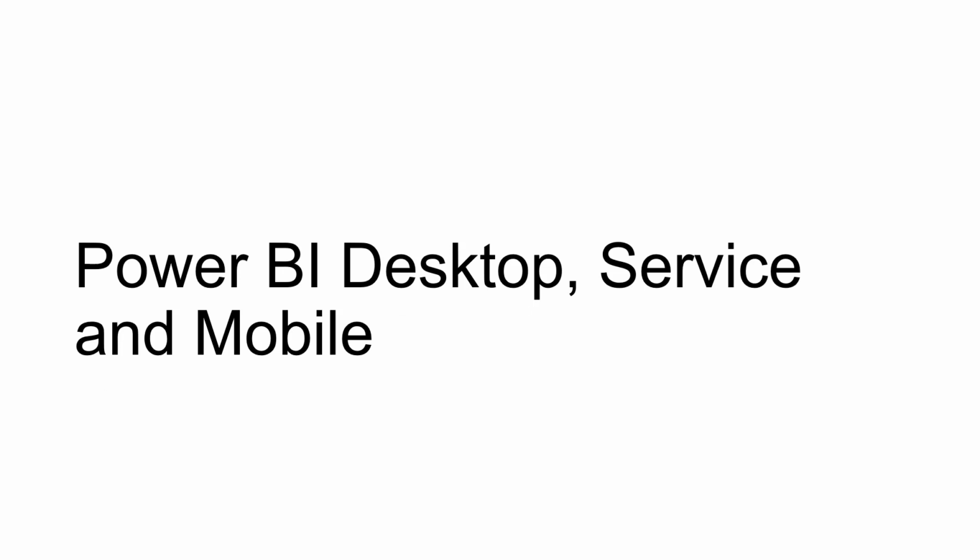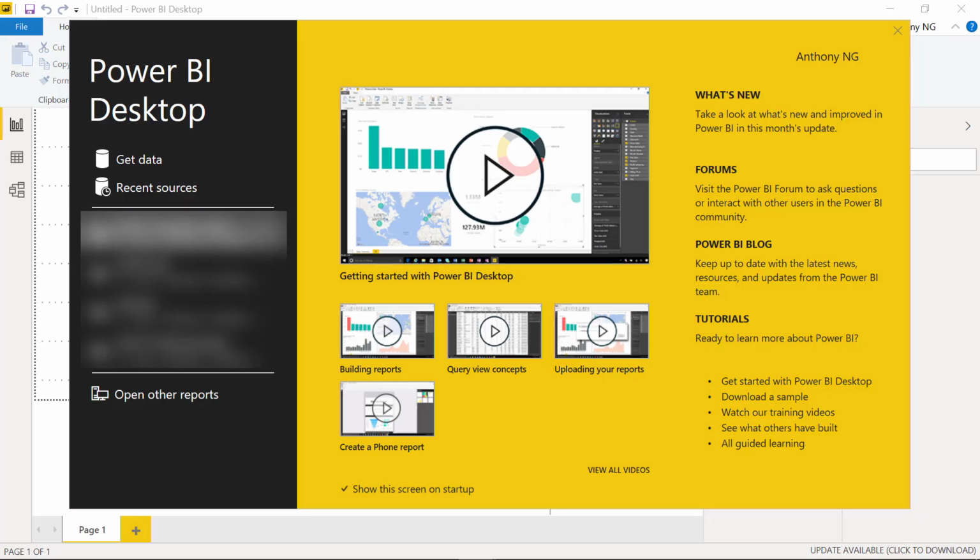So let's look at Power BI Desktop. Right, when you actually log into Power BI, this is what it looks like. You have this welcome splash screen, if you can call it that, which states quite clearly Power BI Desktop, and you have Get Data and Recent Sources, meaning sources of data that you have accessed.